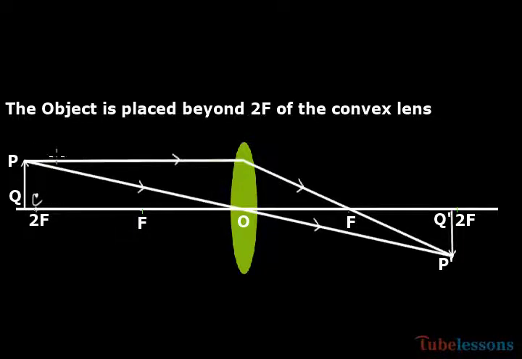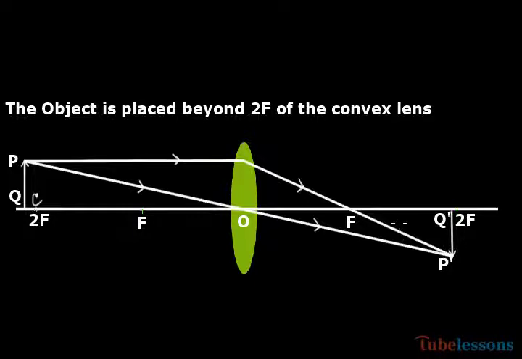Now a ray of light coming from this object, it is parallel to the principal axis and passes through the lens, and another ray coming from that P passes through O, optical center, without making any deviation. These two rays of light have converged at a point.